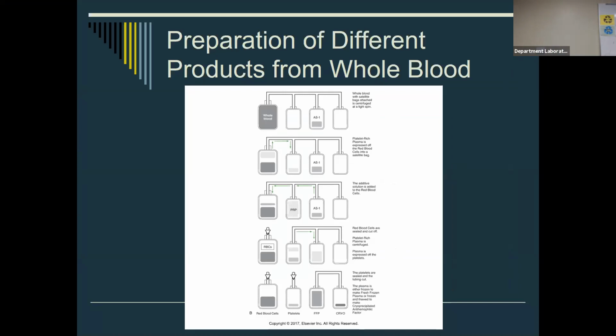After the red cells are in the bag by themselves, the Adsol can be added. So it does have CPDA, but then we're adding Adsol as a further preservative. I want you guys to understand the difference between the anticoagulant and the preservative. So that's why Adsol extends your shelf life to 42 days. Does that make sense to everybody?